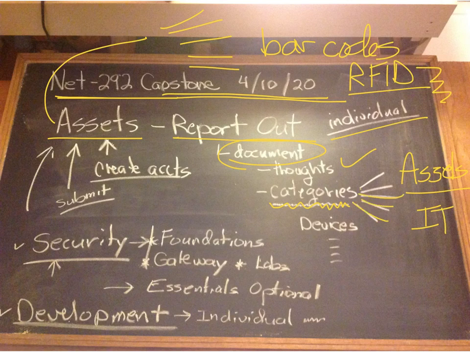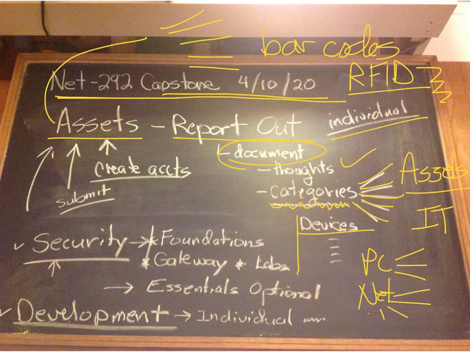So they were supposed to delineate there, and we're talking about devices, some PCs, you could categorize with some laptops, desktops, etc. And then networking equipment, we got routers, switches, firewalls, etc., etc.